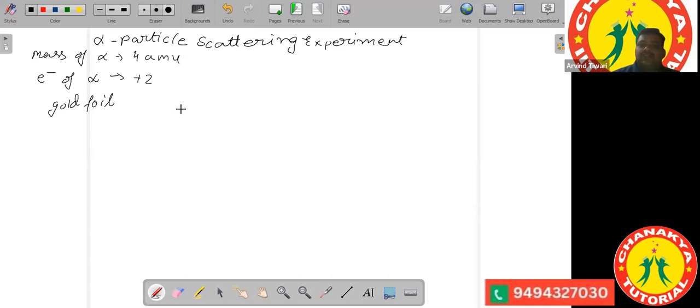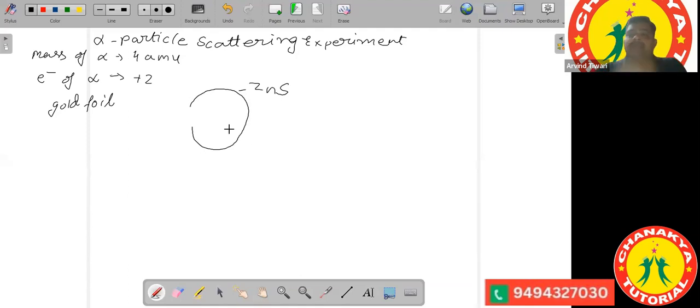What substance was used as a screen? That was a zinc sulfide screen. So when any alpha particle strikes the zinc sulfide screen, it produces scintillations on this screen.